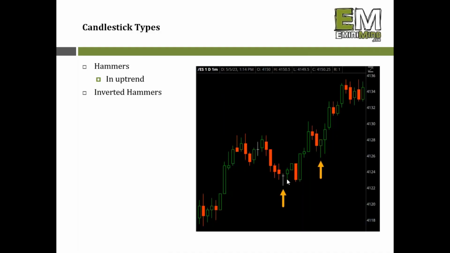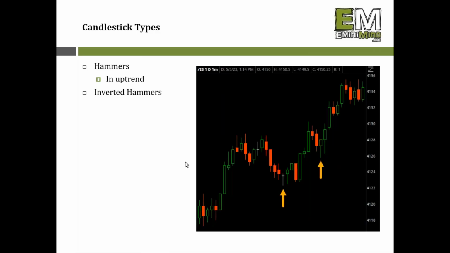This first arrow I've got is a doji, where the open and close are the same. I would qualify that as a hammer setup too. The candle right next to it would be a true hammer, but a doji like that is just fine as well. So hammers and inverted hammers are the candles that we're going to start by isolating.